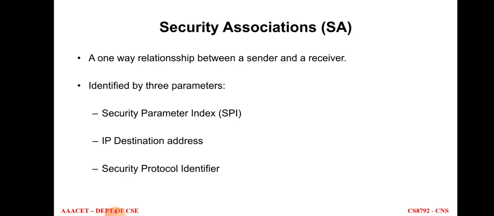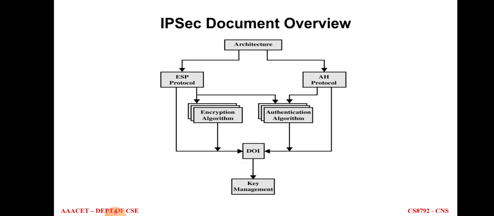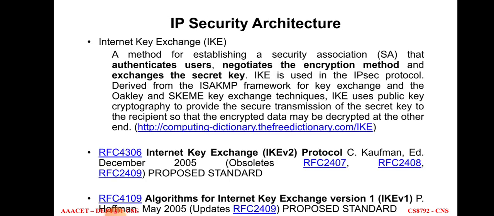The next important point is security association. We saw that a security association is established by IKE, Internet Key Exchange. The use of an SA is mainly to authenticate each and every individual user.